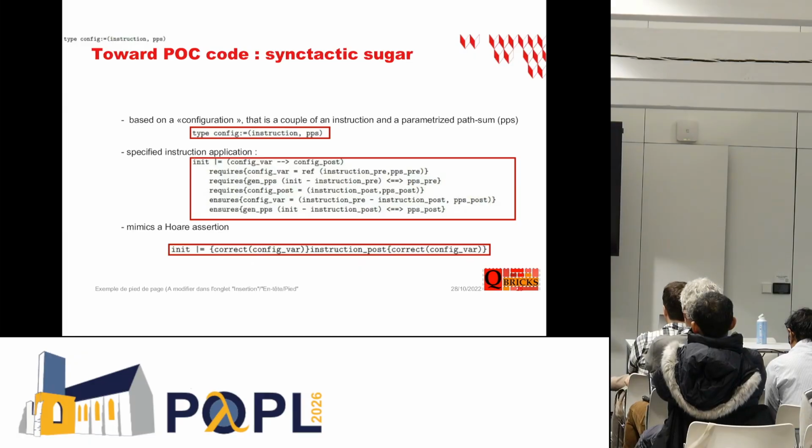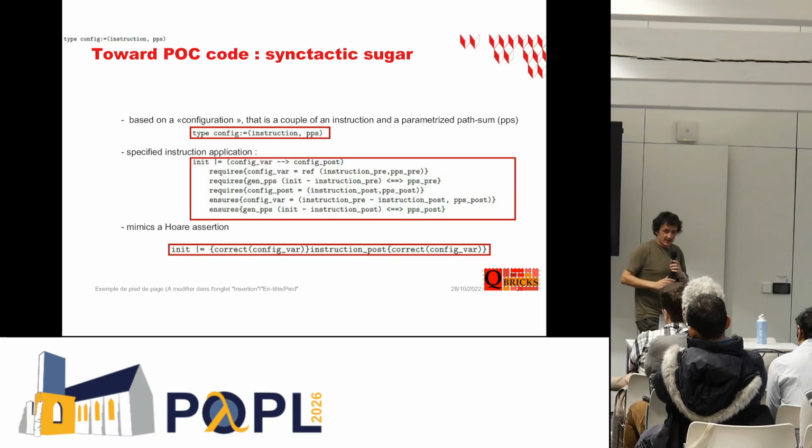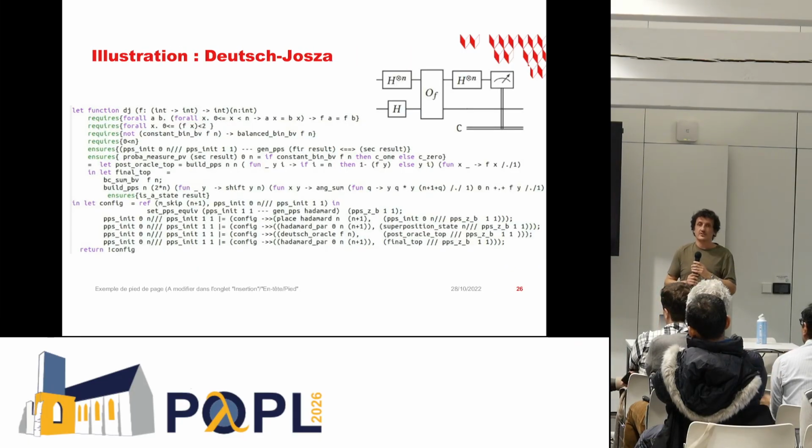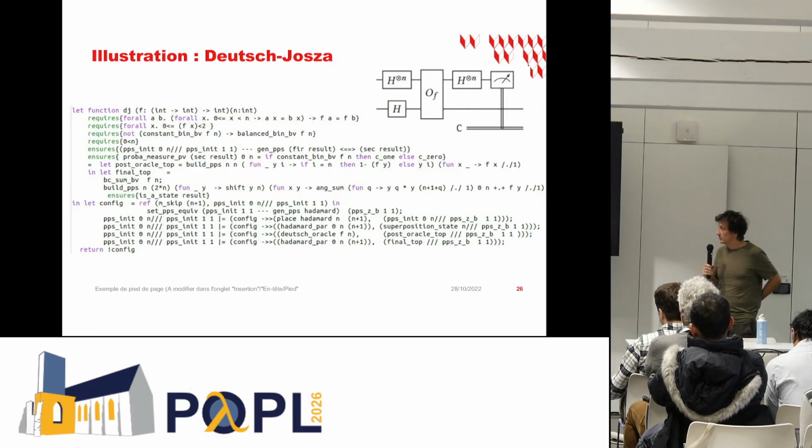If my config is correct before, which means that the path-sum represents the execution, or the execution ends up with the path-sum, then it is also correct after my new instruction. And so we can use it as a primitive to implement the algorithms that we find in the literature. So here is, as an illustration, the CHOSA.